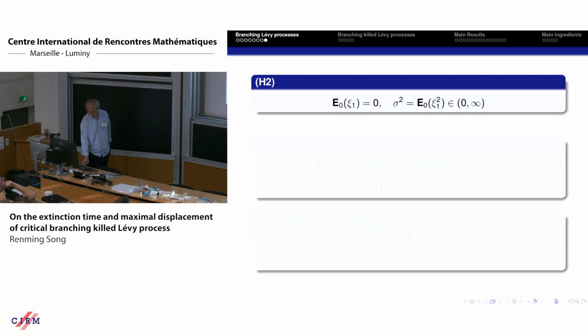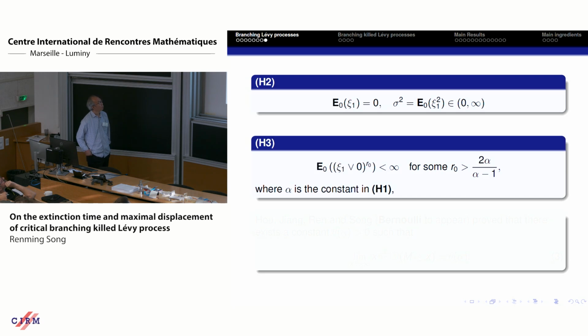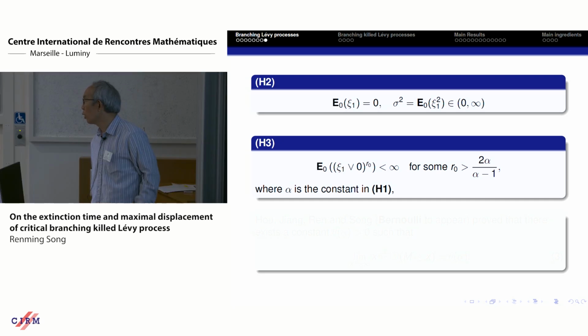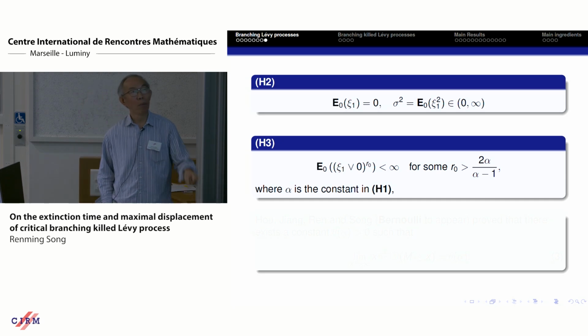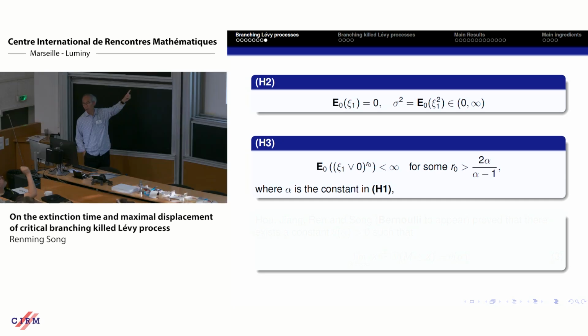Also, we're going to assume that the positive part of ξ_1 has finite R0 moment, where R0 is large enough. Of course, in the case alpha equal to 2, you simply assume R0 larger than 2, so a little bit higher than second moment, but this is only on the positive part. If the motion is spatially negative, then this condition will be satisfied automatically.